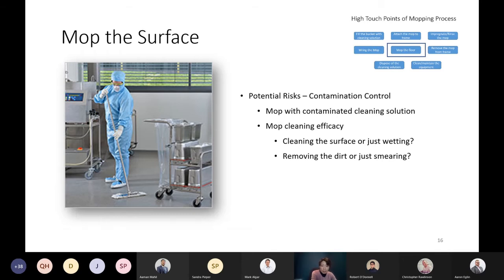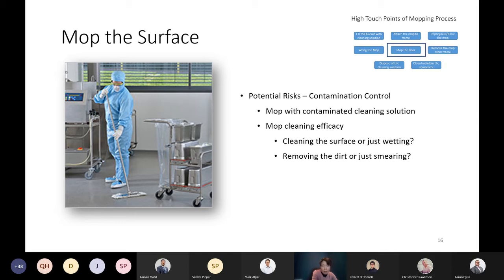And then moving on to mopping the surface. Okay, so as we've mentioned, the mop is never clean, right? You don't mop with clean solution. You don't mop with a clean mop because of the 2 or 3 bucket system. So other than the first mop, you always mop with the contaminated cleaning solution.